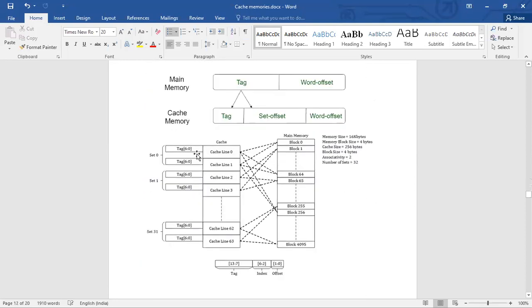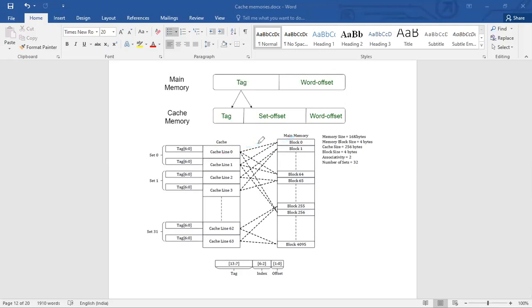So here we can observe what happens in associative memories. Here the frequently accessed blocks are arranged, and only those are stored in the cache.